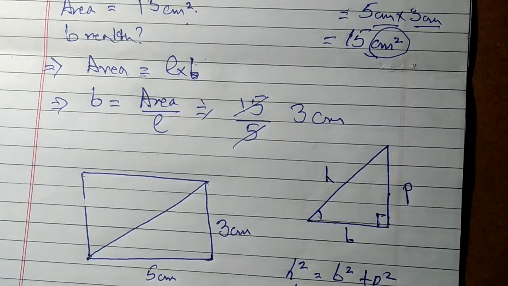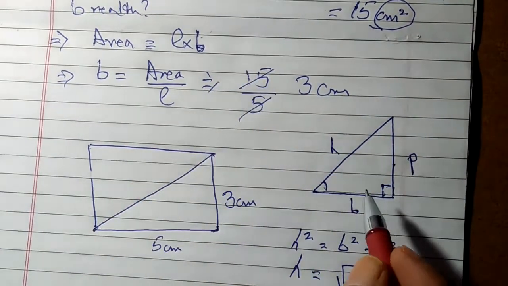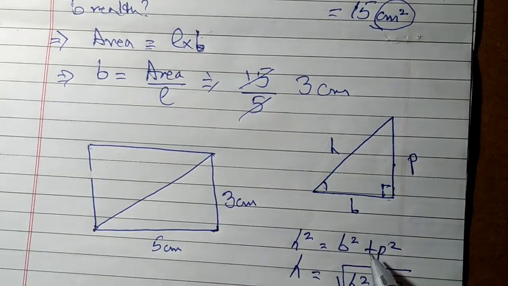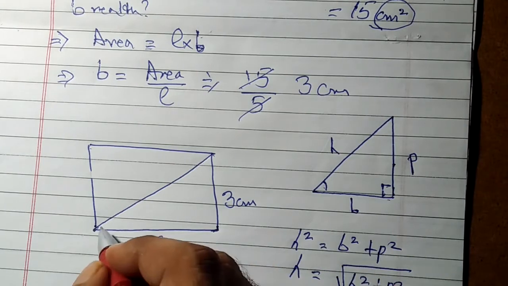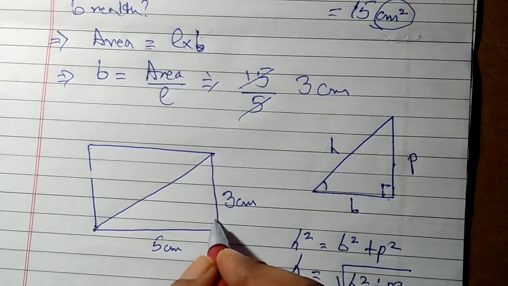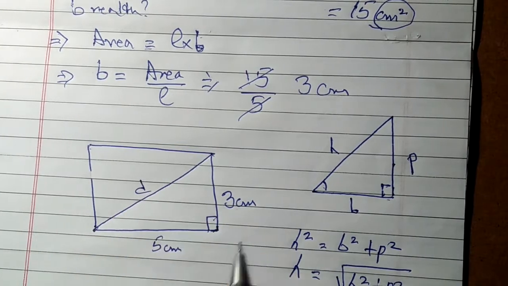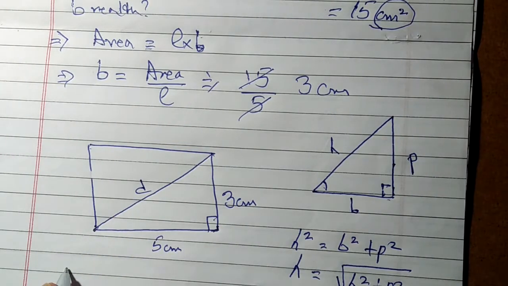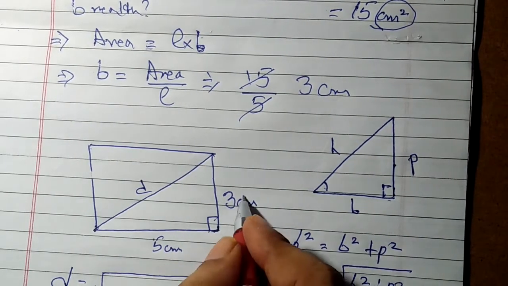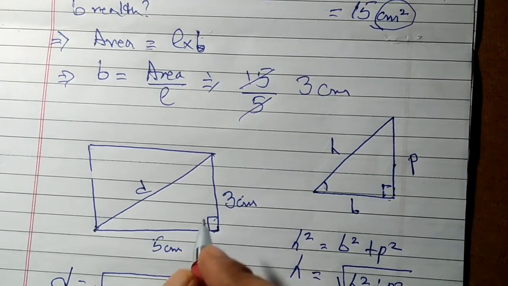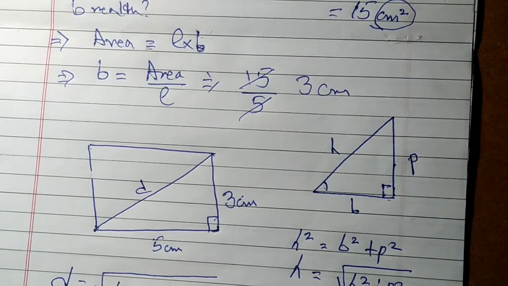Going by this theorem, we'll take this triangle inside this rectangle. So here it is D. D will be equal to root over the sides of the rectangle squared, so root over 5 square plus 3 square.